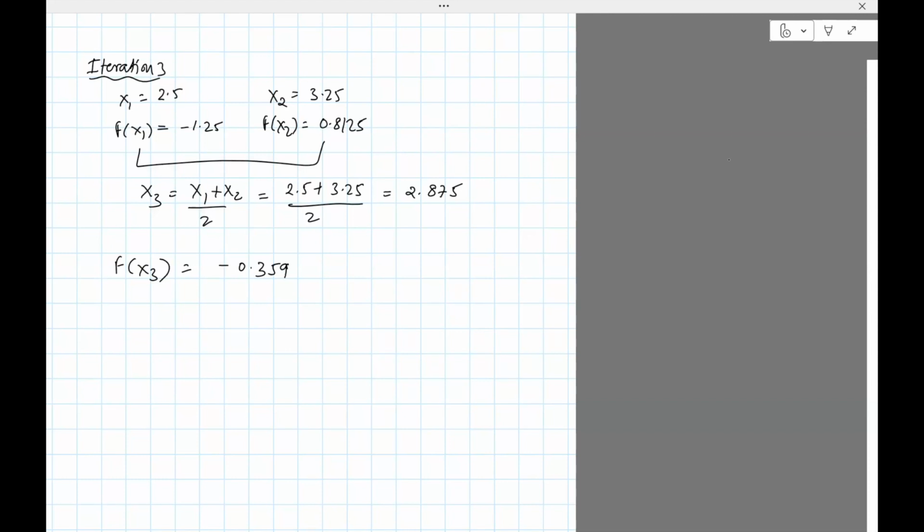And now we can see if you do f of x1 times f of x3, f of x1 is negative 1.25, f of x3 is minus 0.359, the product is greater than 0, which means that x1, x3 is no longer bracketing the root because both of them have the negative sign. So we need to swap x1 with x3. Sorry, my bad.